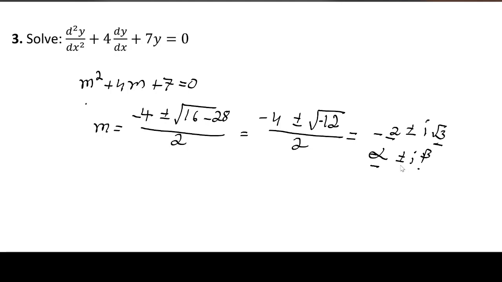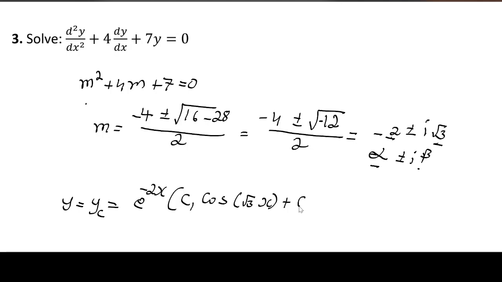In this case, we write the general solution for the homogeneous equation, that is the complementary function, as y = e^(αx)(c1 cos βx + c2 sin βx). Alpha is −2 and beta is √3, so y = e^(−2x)(c1 cos √3 x + c2 sin √3 x).